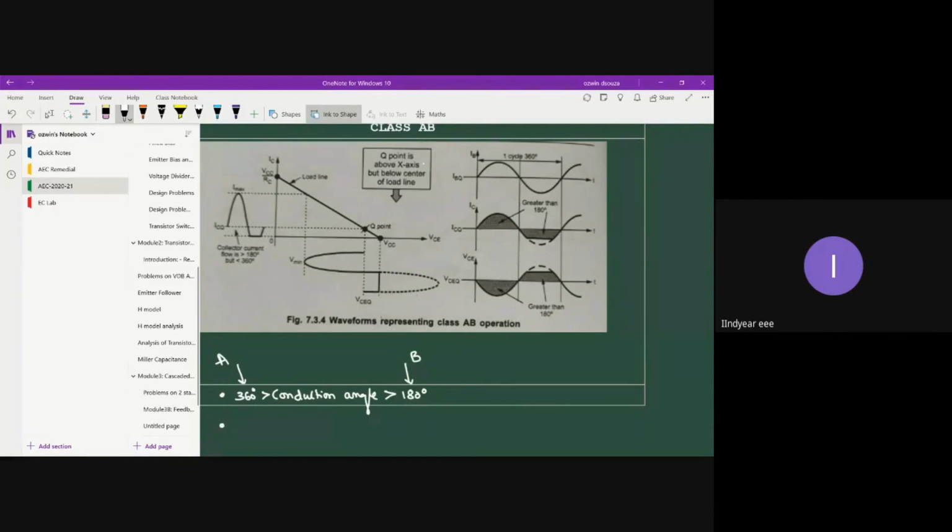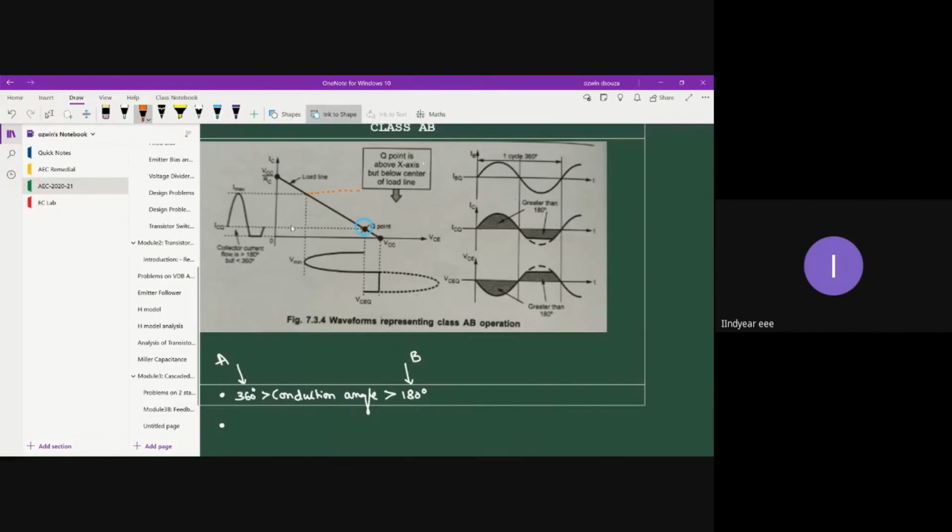So that's the reason this Q point is not found on the x-axis. Instead, the Q point is found slightly above the x-axis, due to which what happens to base current. Okay, so this is the Q point, and let me take this as the reference line for the upper limit.